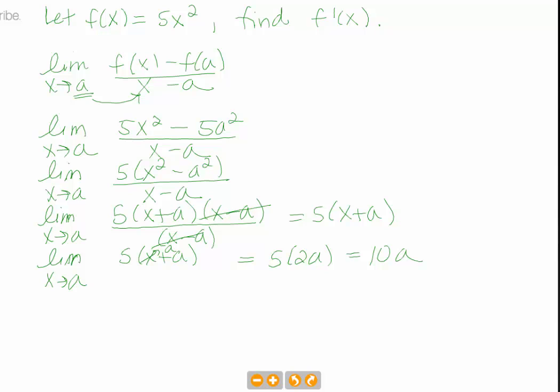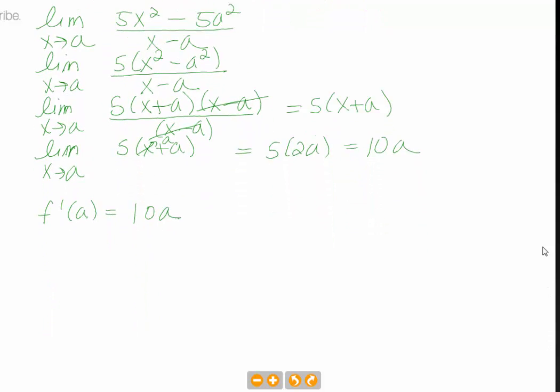So therefore I know that f prime of x, or in this case, we let x go to a, so therefore I can see that f prime of a is just going to be 10a. So I can plug in whatever I would like into the a value.